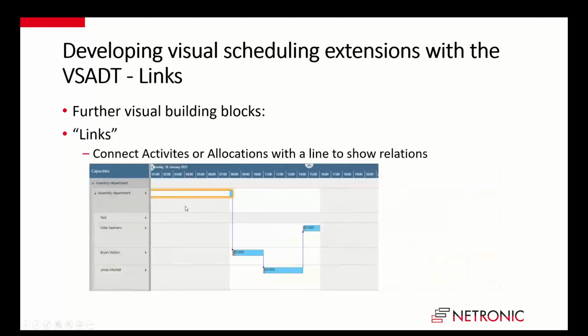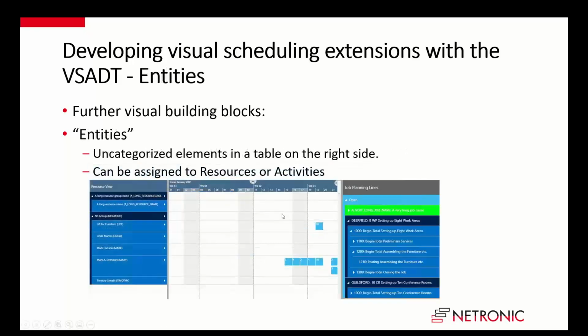Next things we have are links. So you can link activities or locations to show dependencies, for example. And here you can see we made use of these allocation entries because these gray parts show a setup time, and then the blue one is a runtime. And we have another building block in our visualization, which is called an entity or entities.